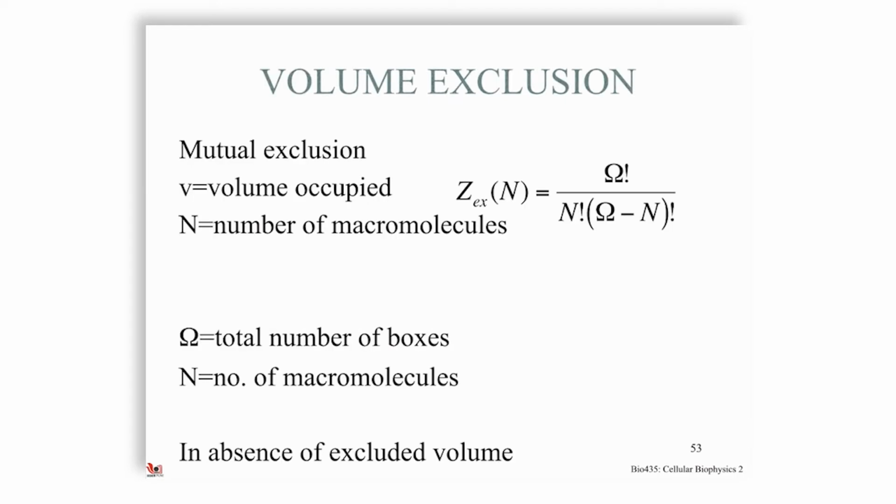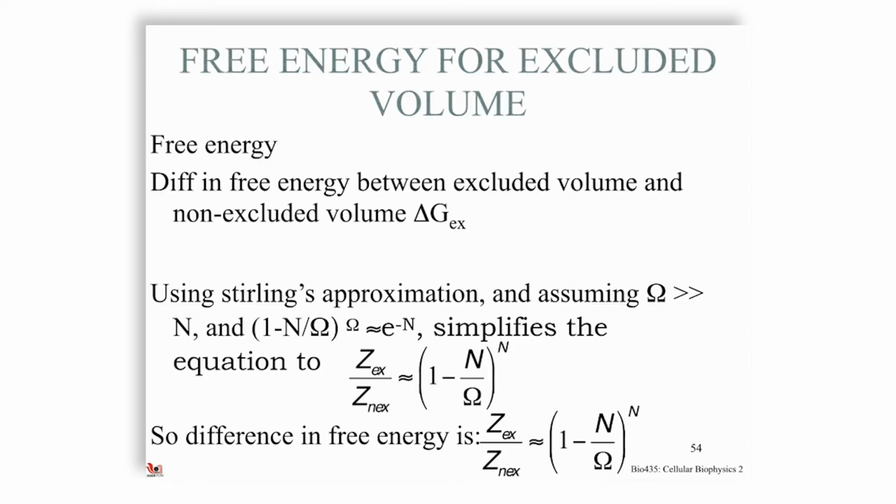So volume exclusion works in some senses by changing the number of possible combinations by which we can arrange things. So the Z term, the Zustandssumme of excluded volume interactions with N particles included, is omega factorial upon N factorial times omega minus N factorial, which of course can simplify to omega to the power N upon N factorial.